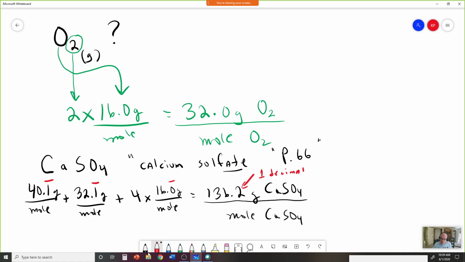Go by the least number of decimal places. So that's our molar mass for calcium sulfate. This is an essential skill, to be able to calculate your molar mass. And you always have a periodic table in front of you to allow you to do the molar mass.